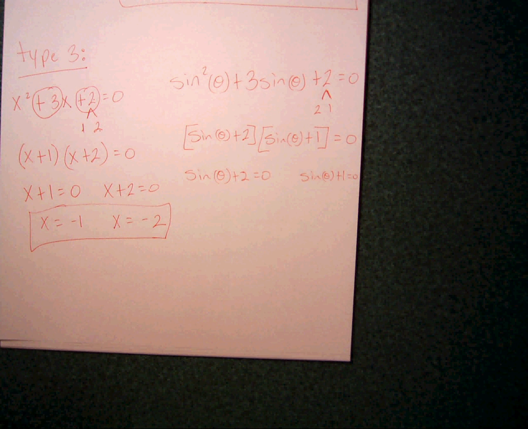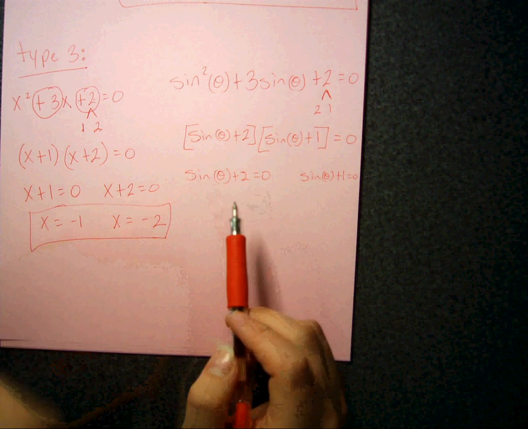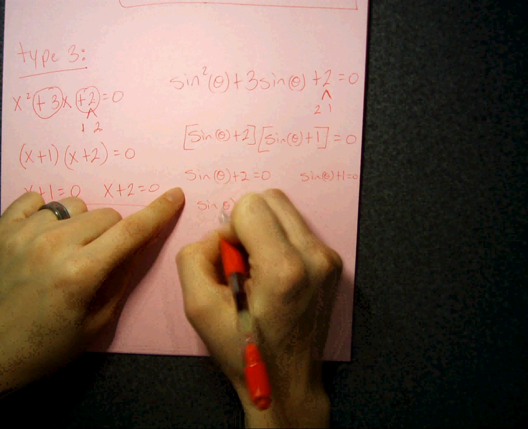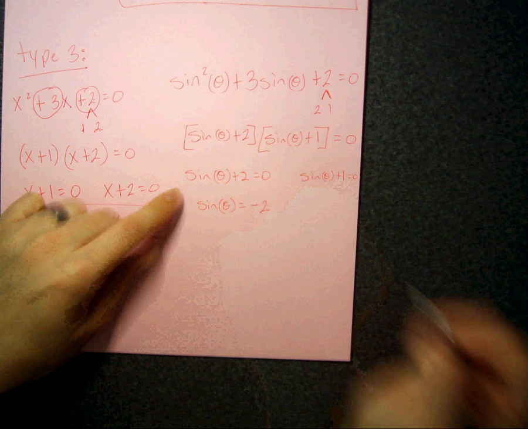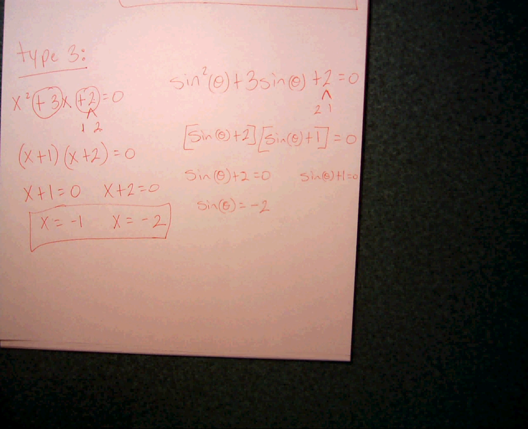Two basic trig equations to solve. So starting with the first one, remember I have to get the trig function by itself before I can go to my unit circle. So I get sine of theta is equal to -2. What values of theta make this true? None.